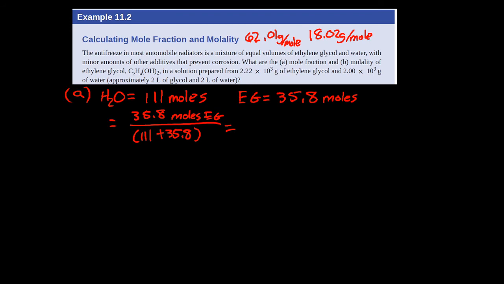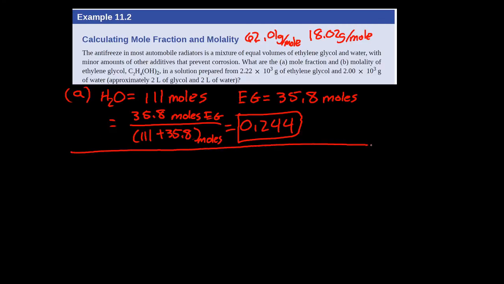Make sure I put that in my calculator correctly. That is 0.244, we'll say, is the mole fraction of ethylene glycol in that solution. And it is a unitless value, because it would actually have moles as the unit on both sides here, and so they would cancel out. Okay, so that is the first part.